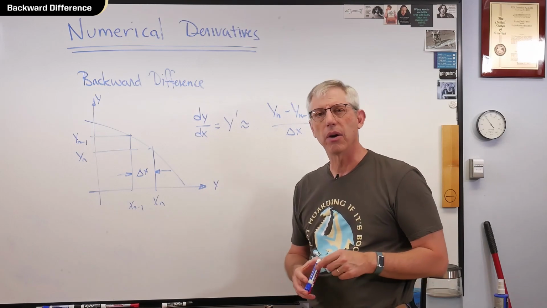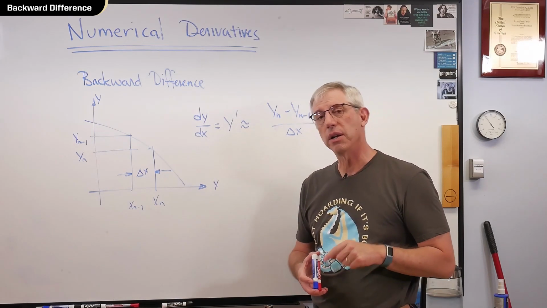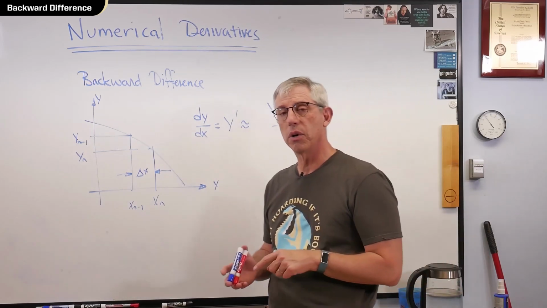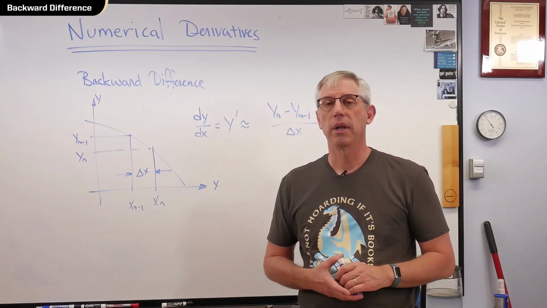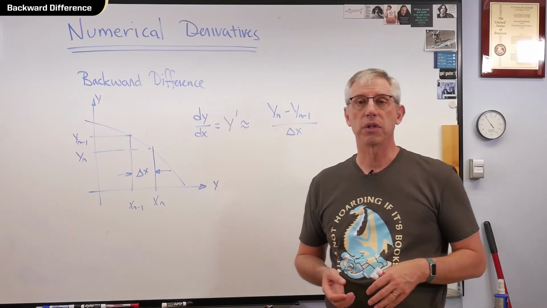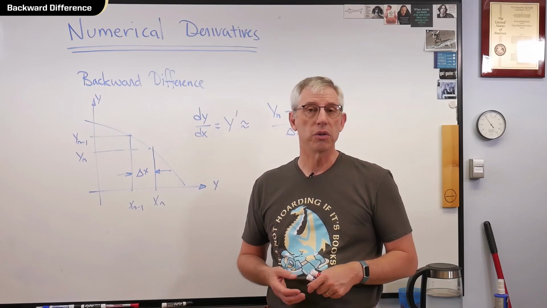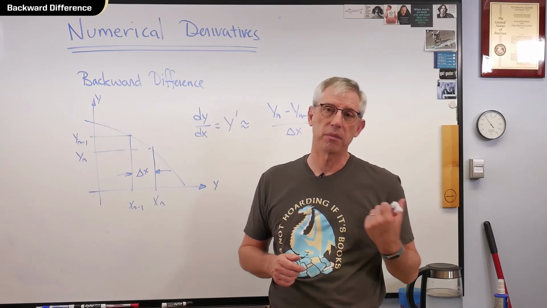What'll happen in the next few weeks, as we start looking at finite difference solutions to differential equations, is that the idea of a forward difference and the idea of a backward difference become very important. They behave differently in certain conditions. And if you've ever seen the words implicit or explicit solution to a differential equation, explicit is forward difference and implicit is backwards difference.